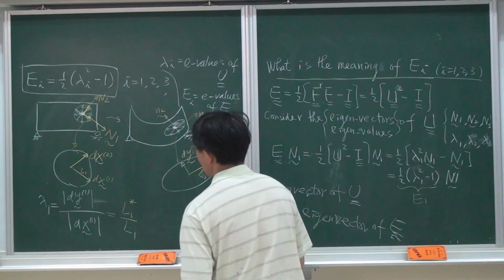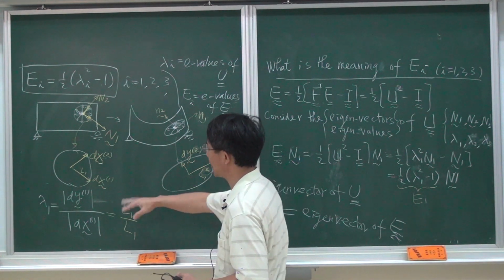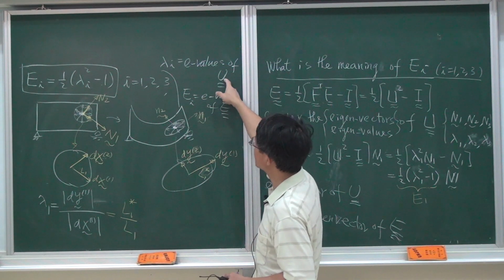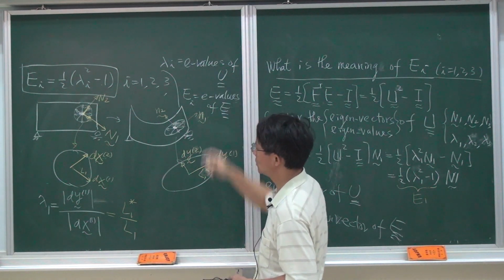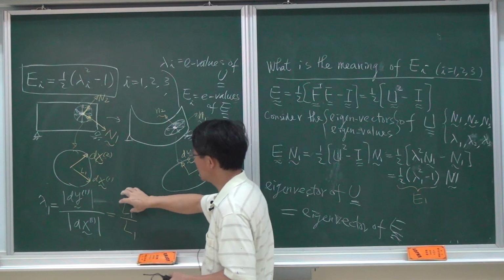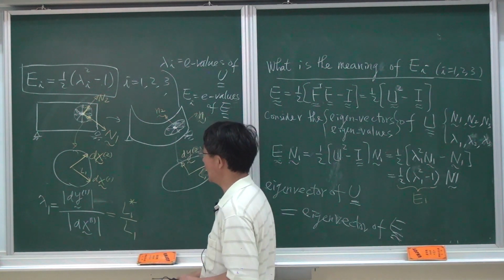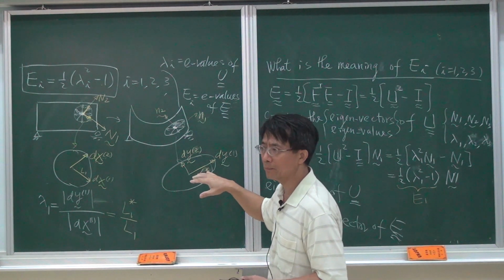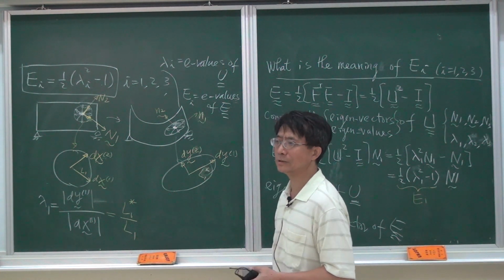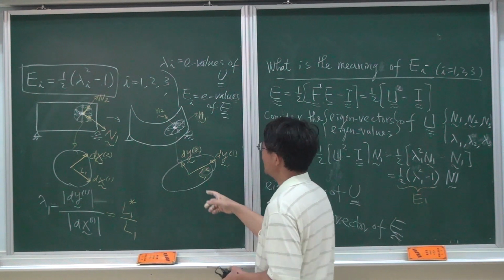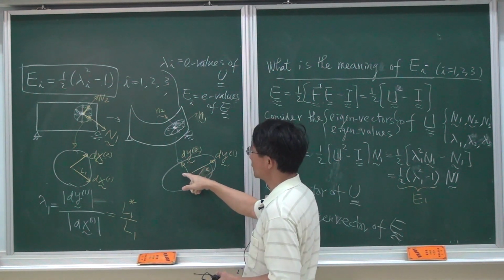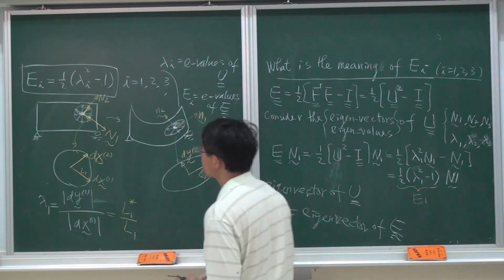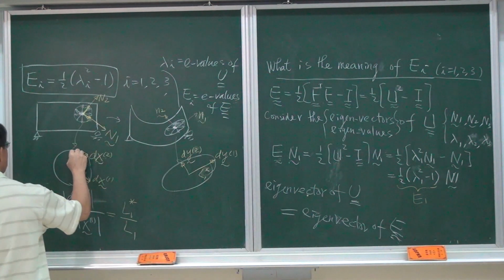We did the calculations before to get such an expression. Okay, the eigenvalues of U are just the ratios of the material before and after the deformations. And of course, if you look at these two materials, we have similar things.